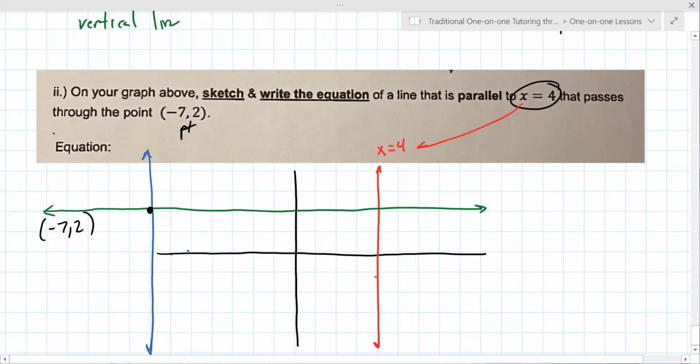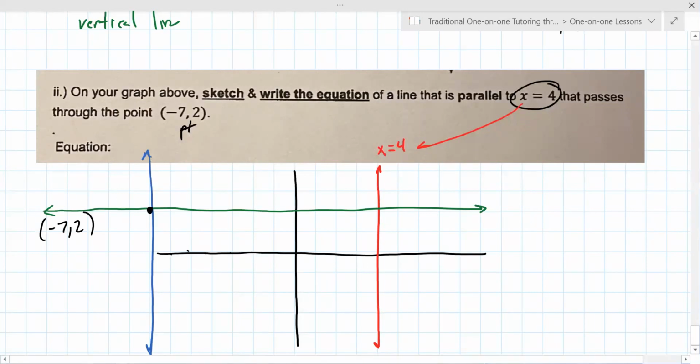It's parallel to the y line. Which line? Is the blue parallel to the red, or is the green parallel to the red? The answer is it's either the blue or the green.